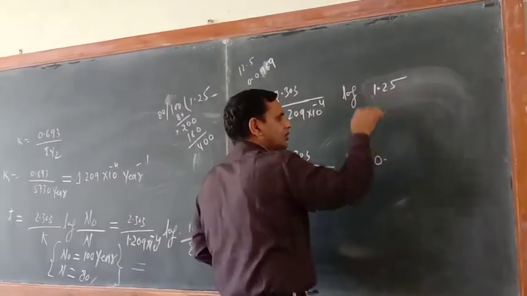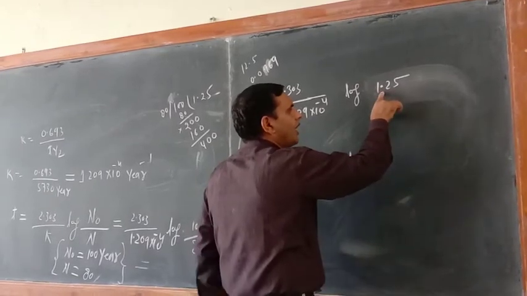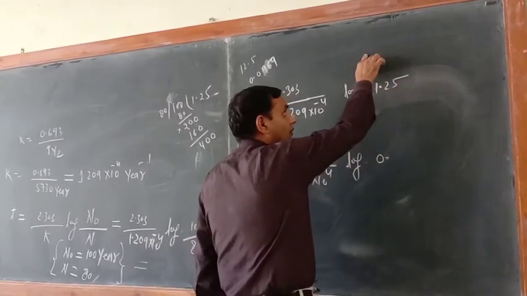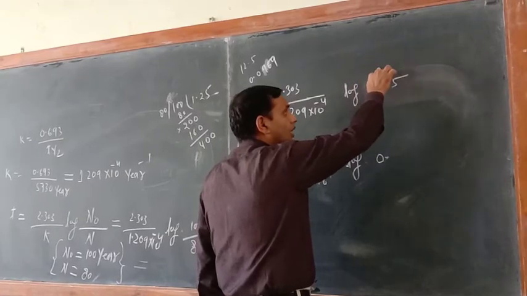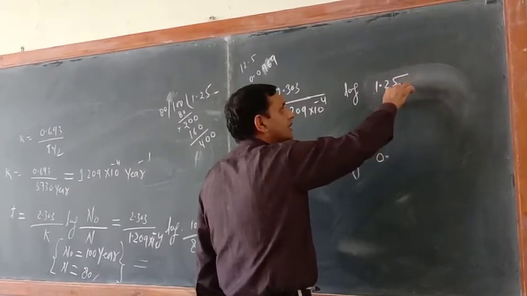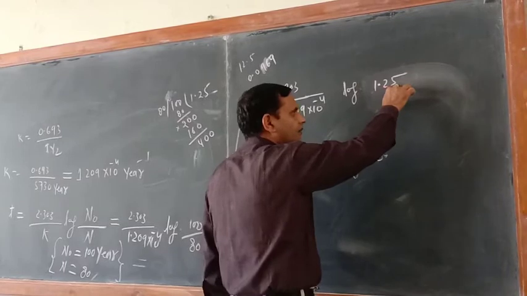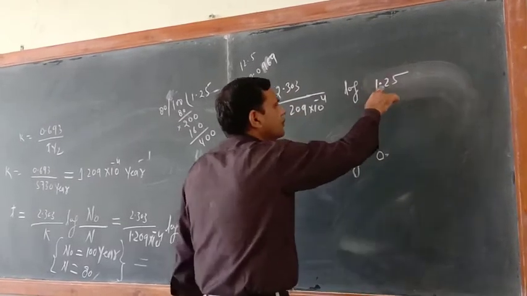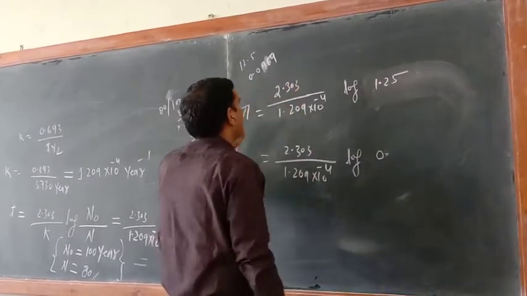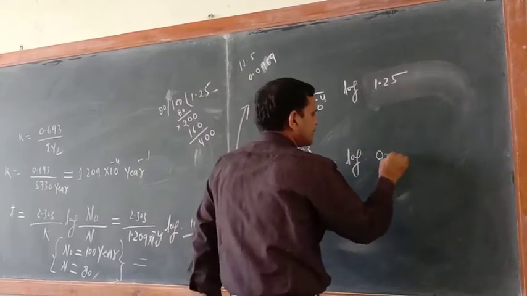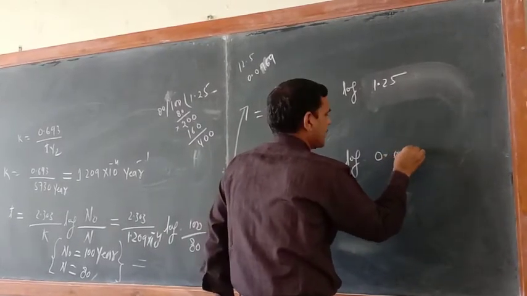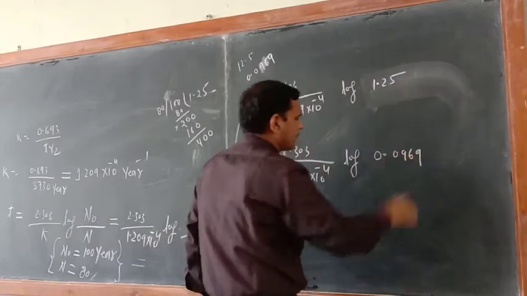So 0 point. Now in the log table, at 12 and 5 you have to see the log 12 value at 5. If you see it, you will get 0.969.